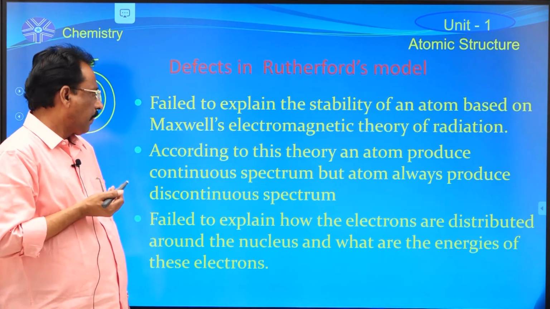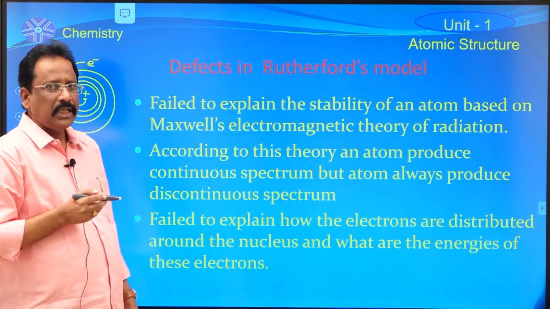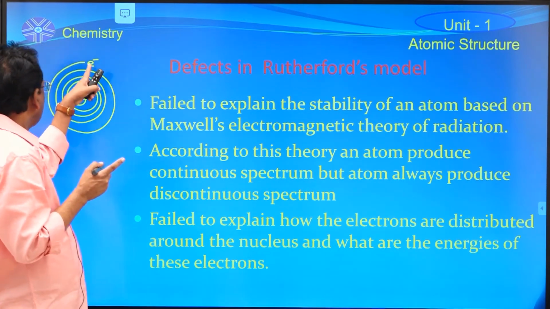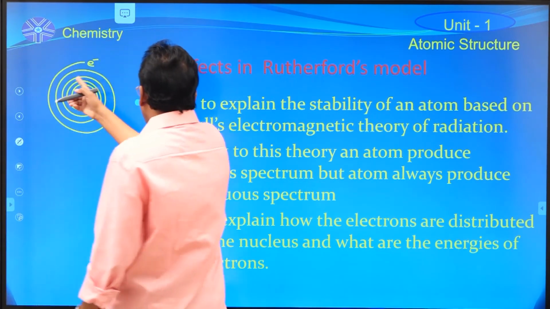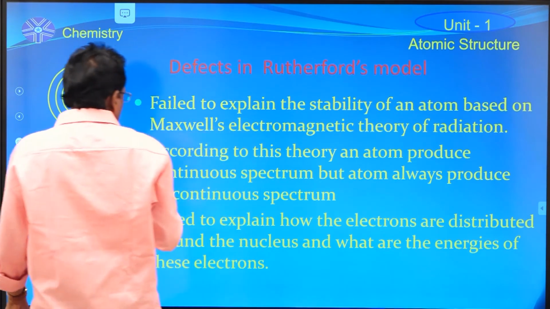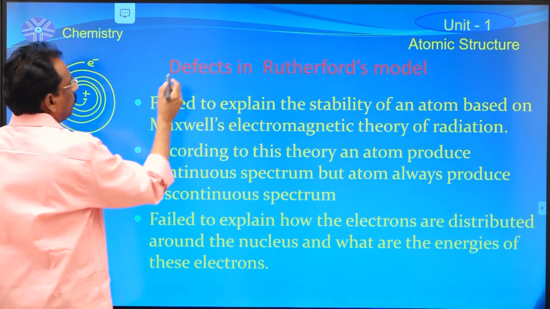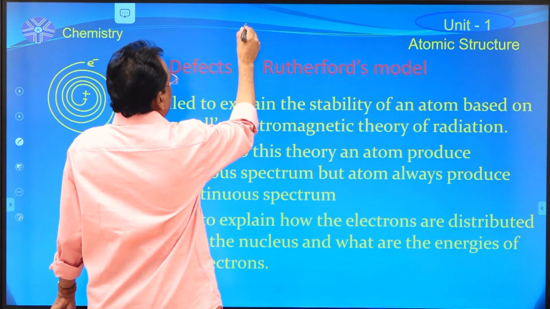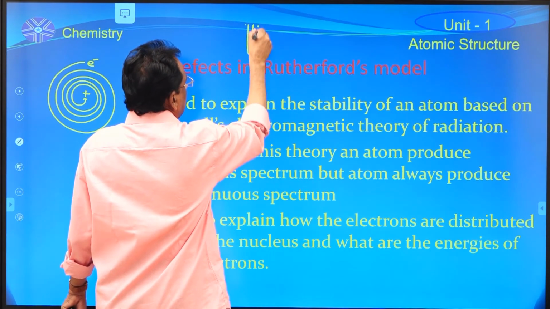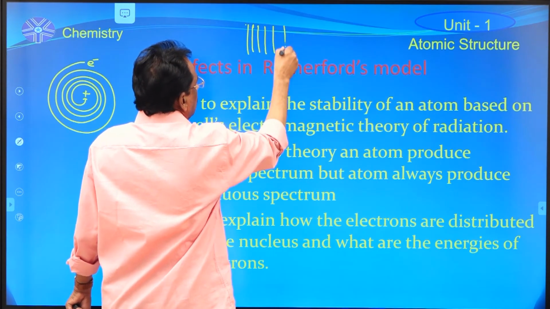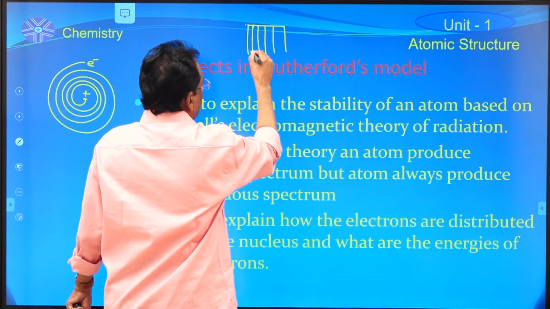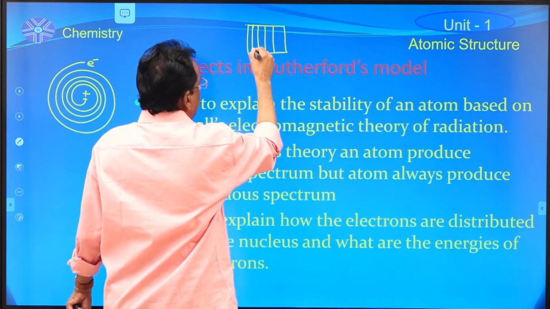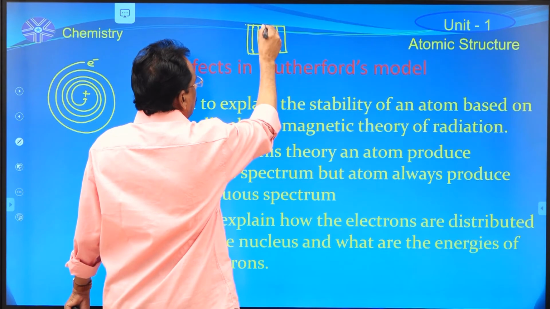And the second defect in this theory is, if the electron loses its energy continuously like this, the spectrum formed by the atom is a continuous spectrum like this. This is the assumption of continuous spectra. The best example is the formation of VIBGYOR.